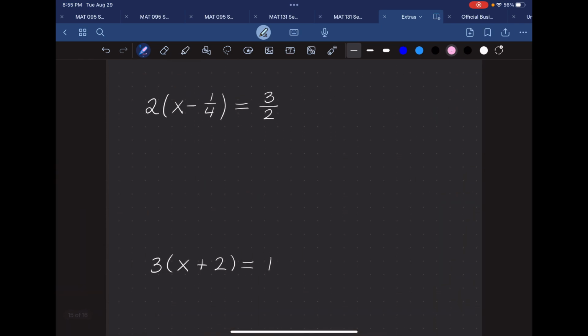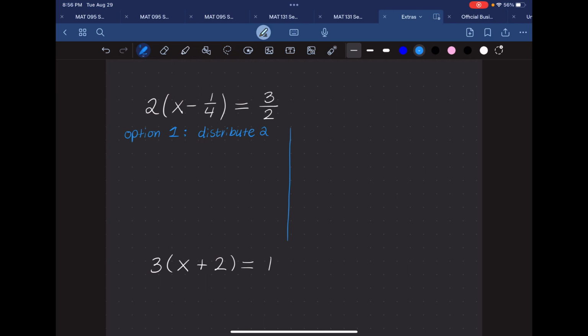All right, so we have this next one. 2 times x minus 1/4 is equal to 3/2. So for this one, we have two options, and I'm going to actually show you the two options that we have. Option 1, we can distribute the 2.